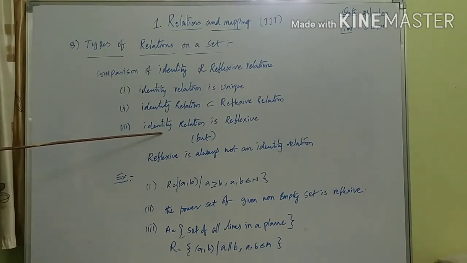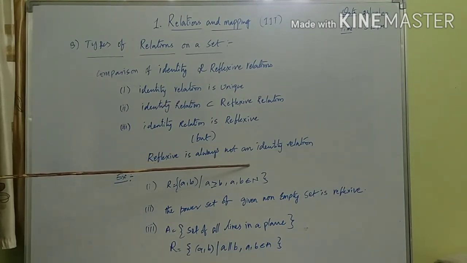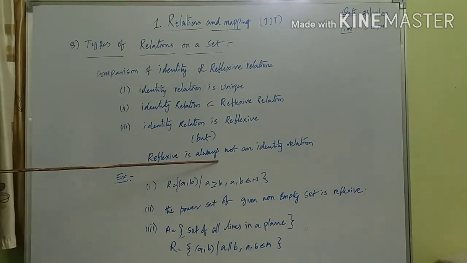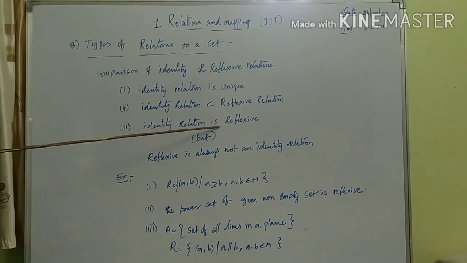Next, the identity relation is reflexive, but a reflexive relation is not always an identity relation. Hope you understand this concept. Once again I repeat, a reflexive relation is not always an identity relation, but an identity relation is always reflexive. The converse is not possible.